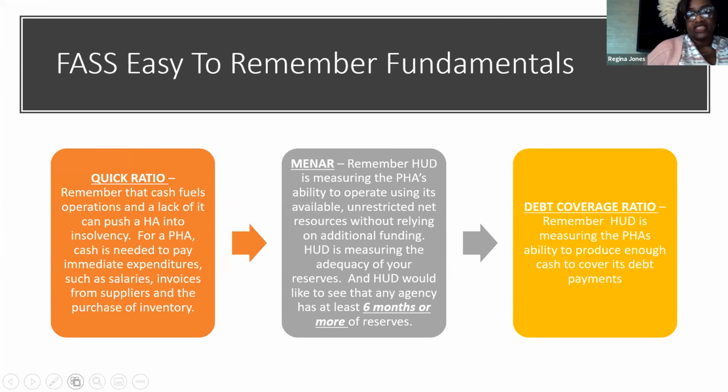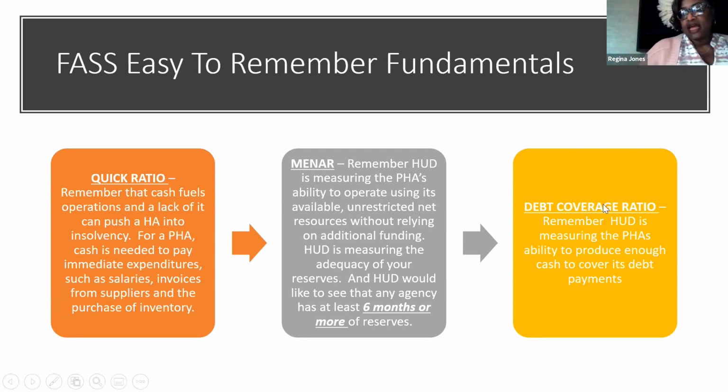For a PHA, cash is needed to pay immediate expenditures such as salaries, invoices, suppliers, and the purchase of inventory. When you think about MENAR, remember that HUD is measuring the PHA's ability to operate using its available unrestricted net resources without relying on additional funding. So HUD is measuring the adequacy of your reserves.